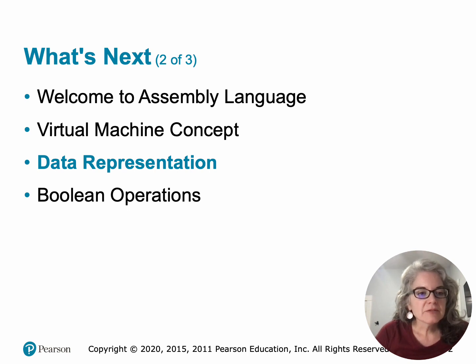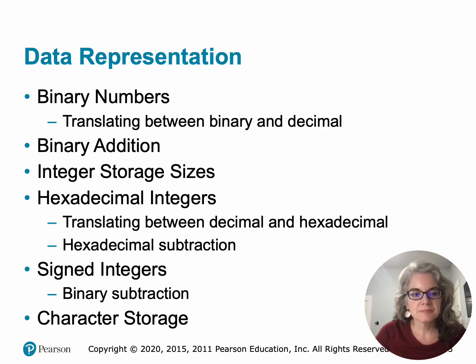We left off at data representation, so we're going to start talking about data representation and finish with Boolean operations. In data representation, we're going to look at binary numbers. How do we translate between binary and decimal numbers?